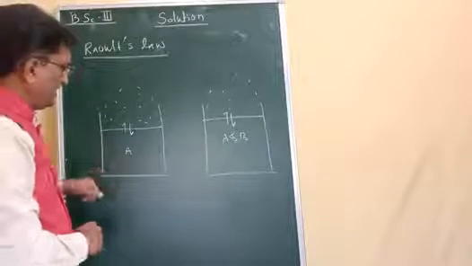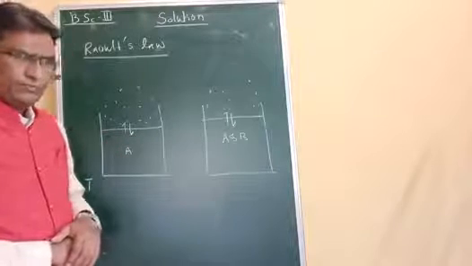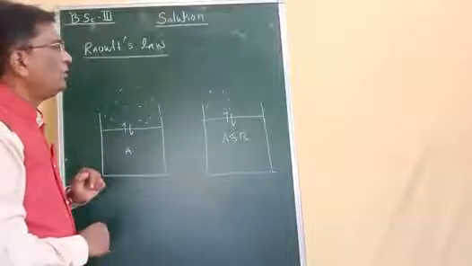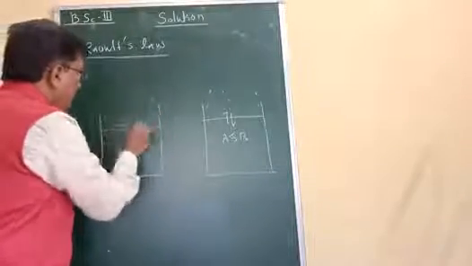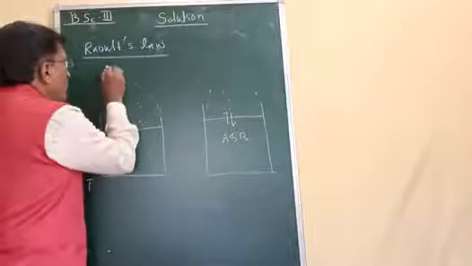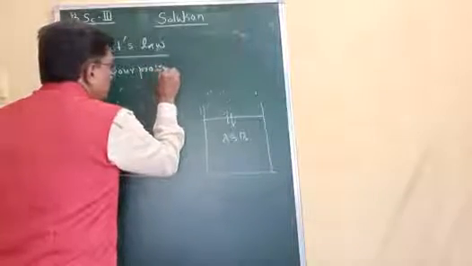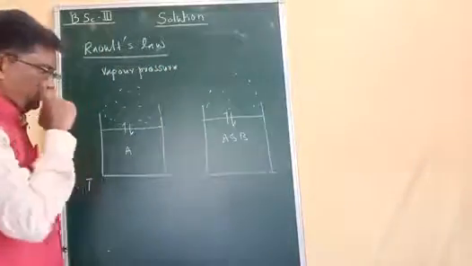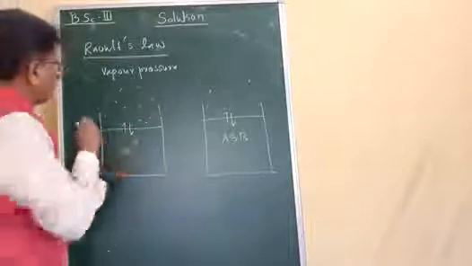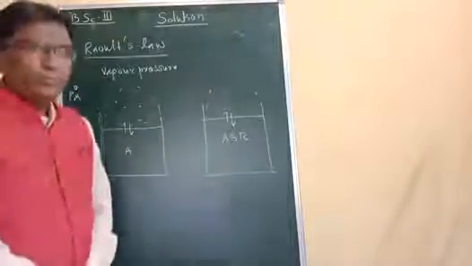Now at any temperature vapors are in equilibrium with liquid. Here the pressure exerted by vapor in this particular condition is called vapor pressure. As here we have pure liquid, this is called the vapor pressure of pure liquid.